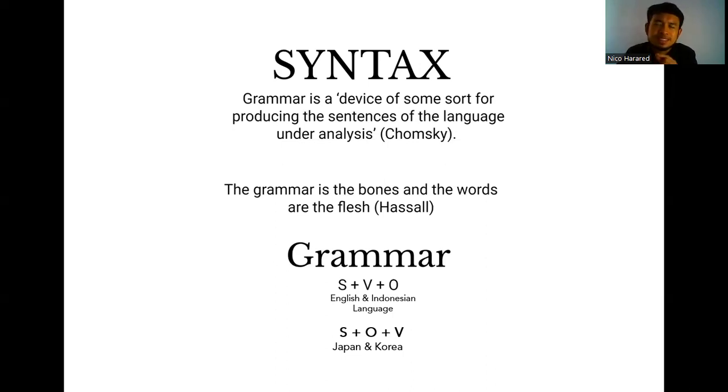So that is the grammar or the structure of the sentence. Take a look at this. English and Indonesian are similar grammatically in creating sentences: subject, verb, and object. But totally different with Japanese: subject, object, plus verb.